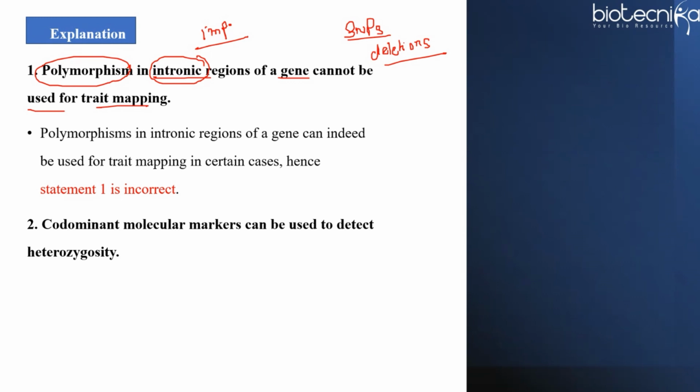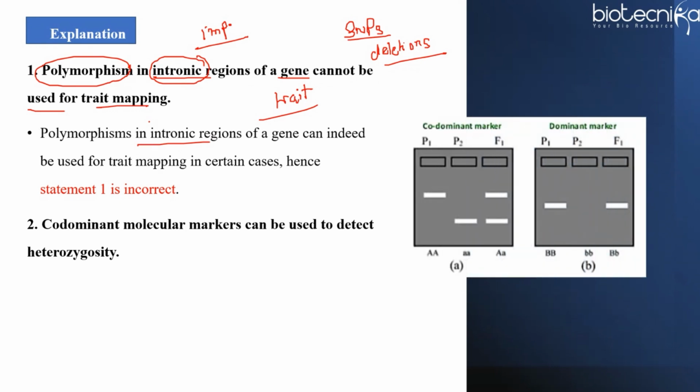Polymorphism in intronic regions definitely can be used, and yes, researchers use it for trait mapping. So statement 1 is incorrect.